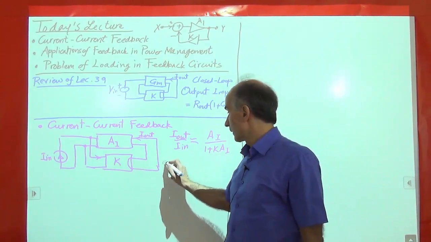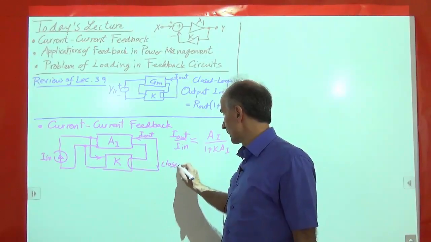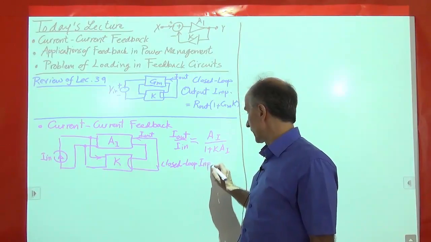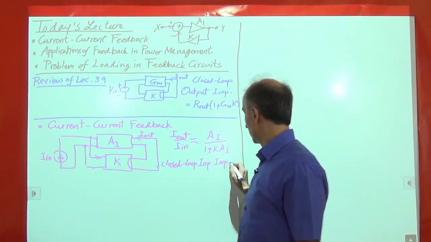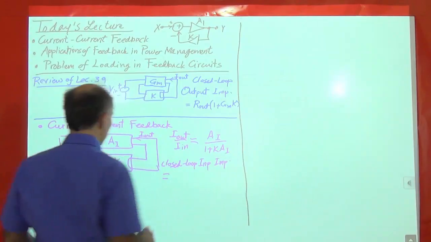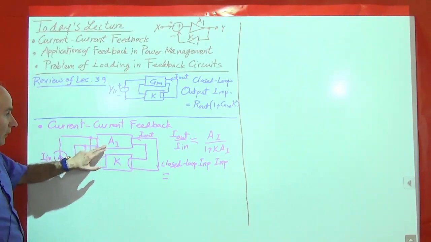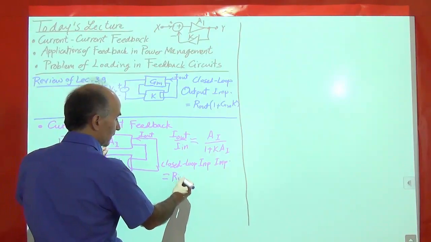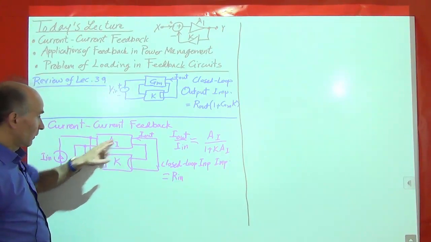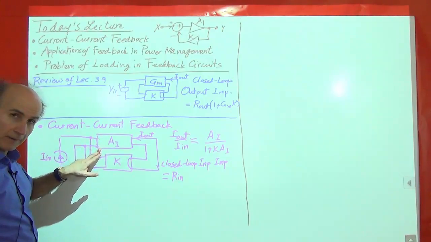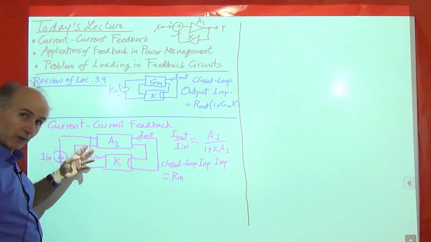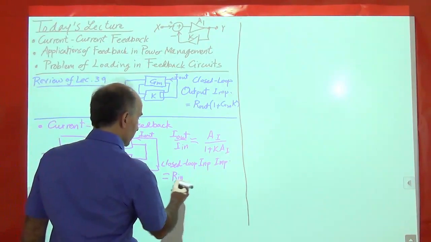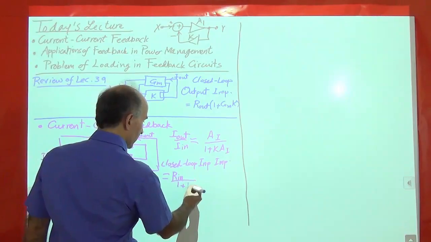And then the closed loop input impedance should be how much? It should be the original input impedance of AI, which we usually denote by R in. Okay, when we bought this amplifier, it has a certain input impedance. And now, because we are returning a current, the input impedance goes down by 1 plus the loop gain. So this gets divided by 1 plus the loop gain.